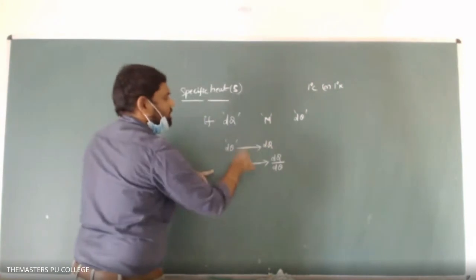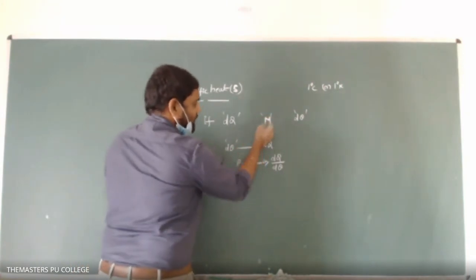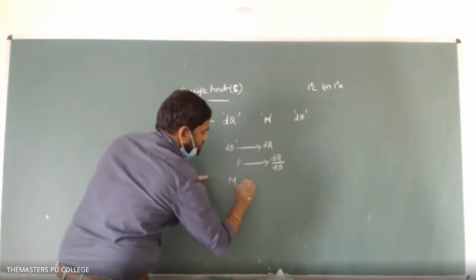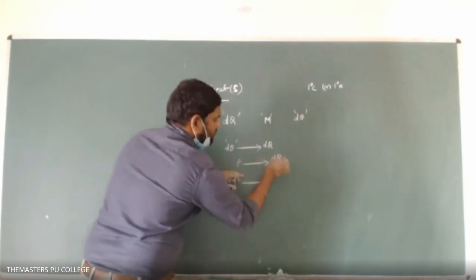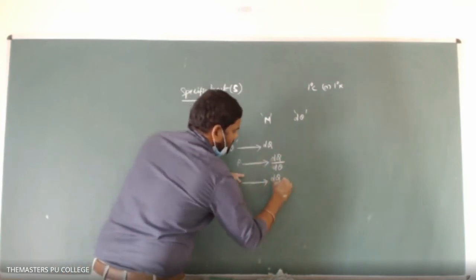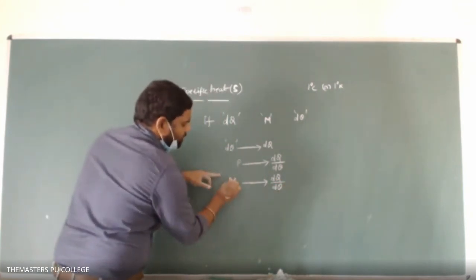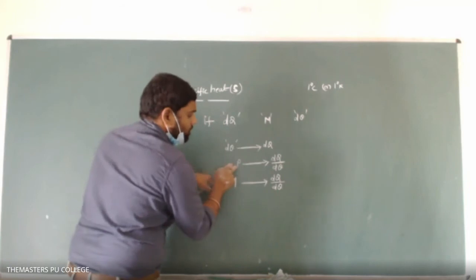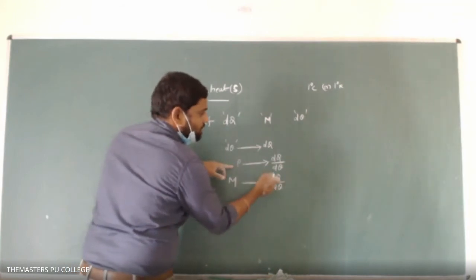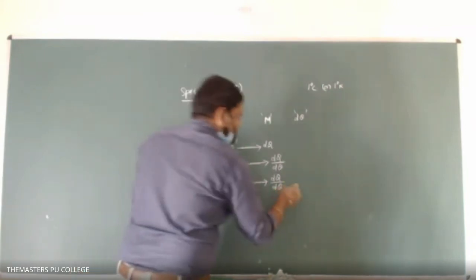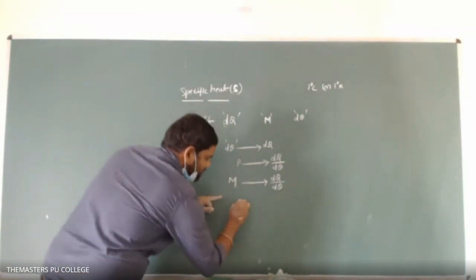So to raise the temperature of m mass of substance by 1 degree, we have to supply a heat of dq by d theta. Then for unit mass, what is the heat required? dq by d theta by m.